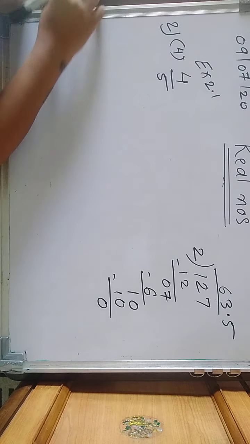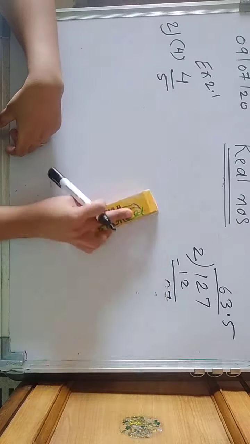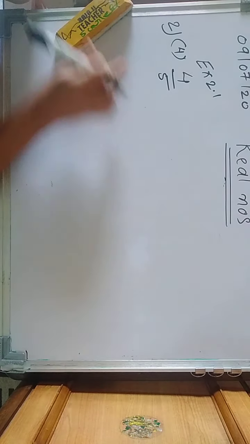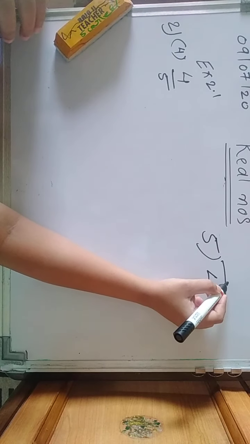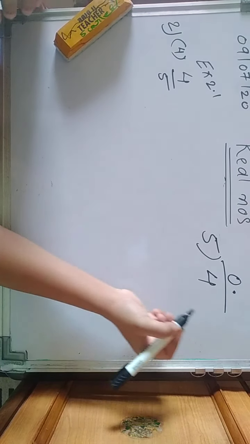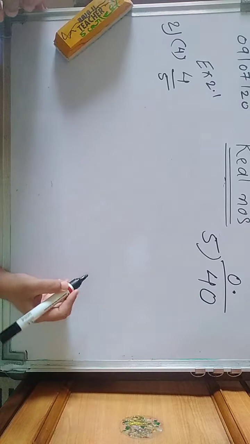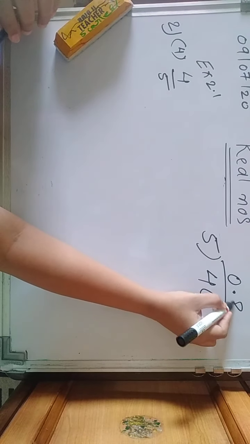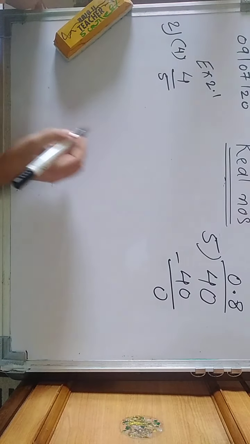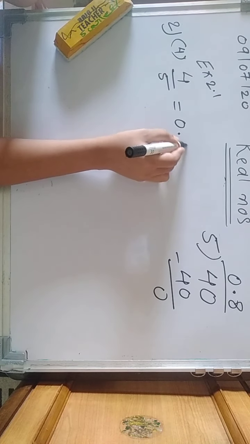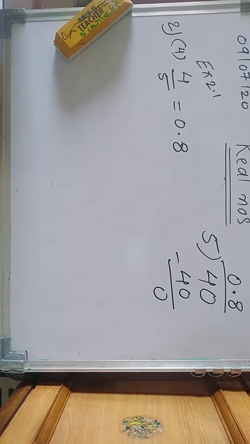So let's divide 4 by 5. 4 divided by 5. Now 0 point. When you put 0 point, you get a 0 over here. 5 8s are 40. Done. The answer is 0.8. So this is how you have to solve the question. You have to write the decimal form of the given fraction.